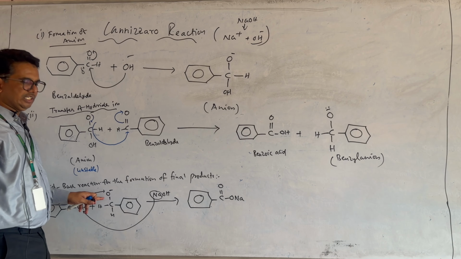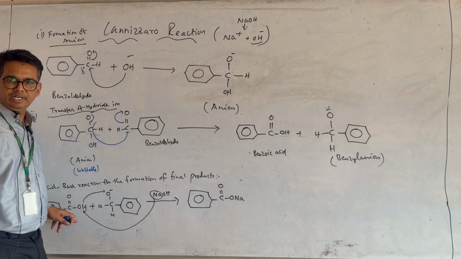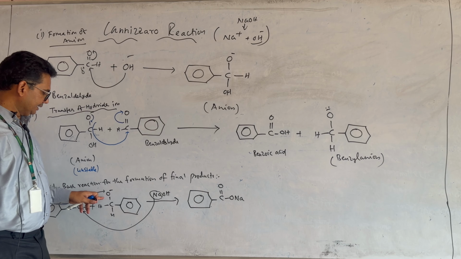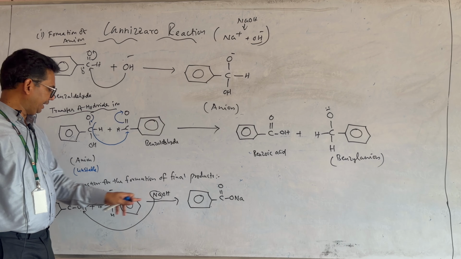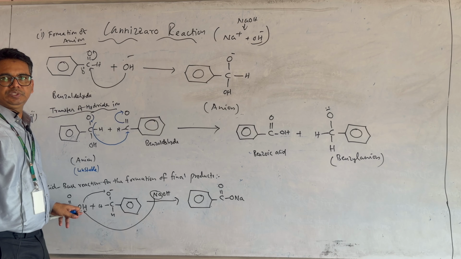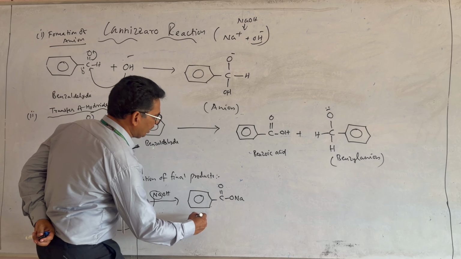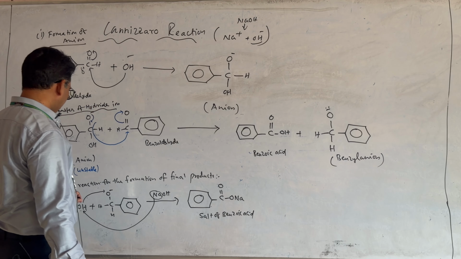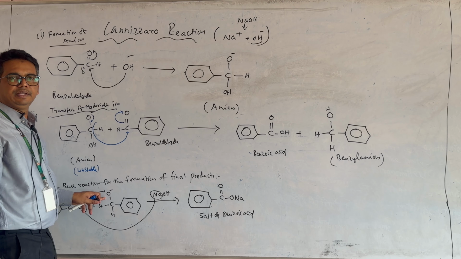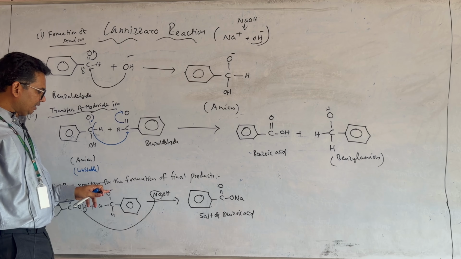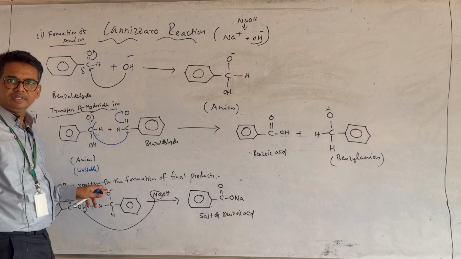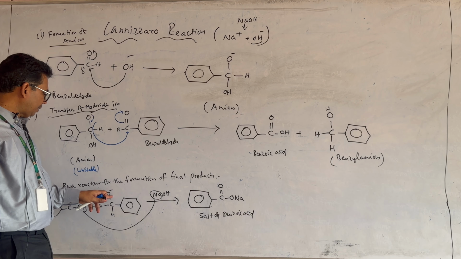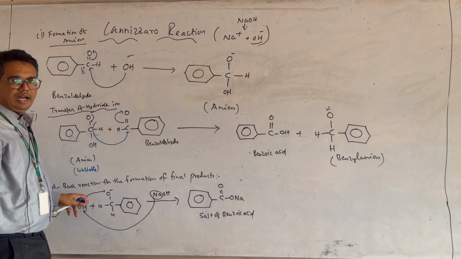Because hydrogen is transferred to the anion. Is it right? Then sodium replaces that hydrogen, and it becomes the salt of benzoic acid. Then what is the other molecule? Due to the shift of this proton, here an extra pair of electrons is already there. That extra pair of electrons forms the bond between the oxygen and hydrogen.